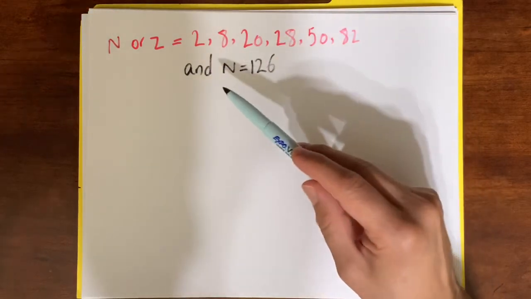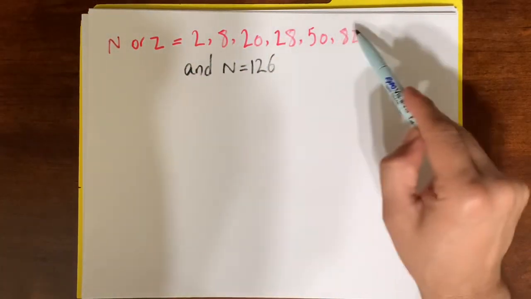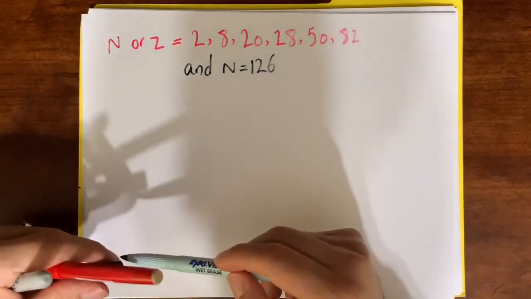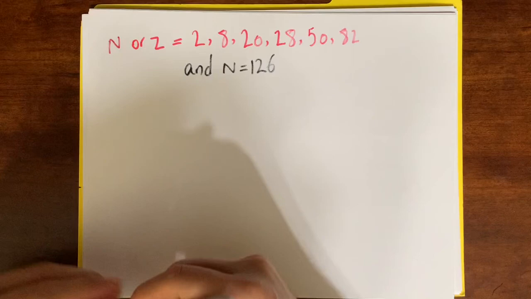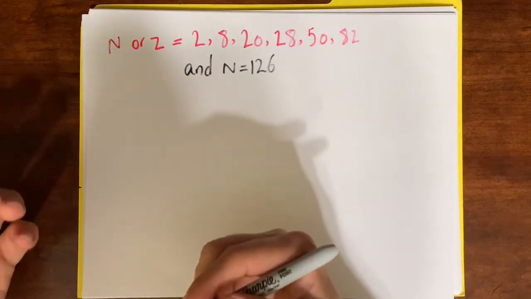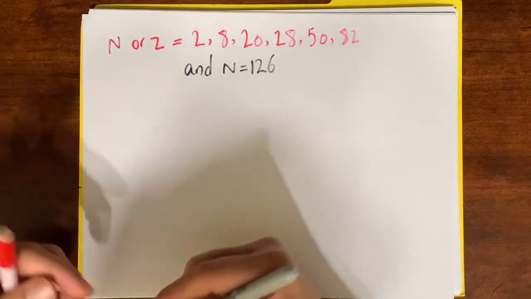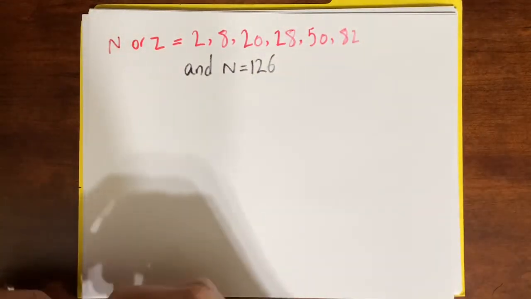If you have a nucleus that has Z or N equal to this number, that nucleus will be a stable nucleus. Otherwise, it will go through radiation, it will decay, go through nuclear reactions, and turn to other isotopes or species.